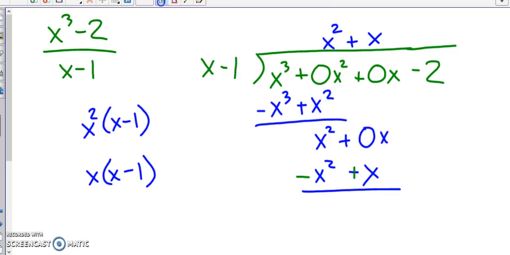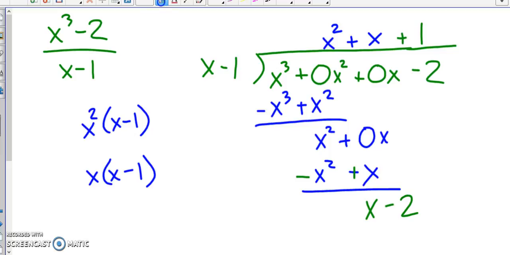Change the signs, add. Why don't you want to work? Forget the blue marker. All right, so switching back to green. So this is x. So I look at x, and I realize that I have to multiply by 1 to get that, so plus 1.